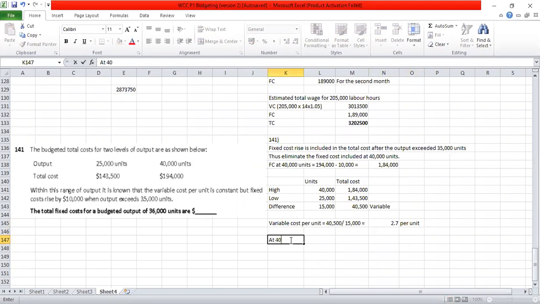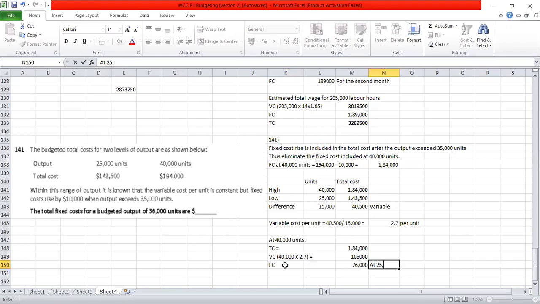Take any activity level. Let's take it at 40,000 units. Total cost is equal to... this is fixed cost at 25,000 units.